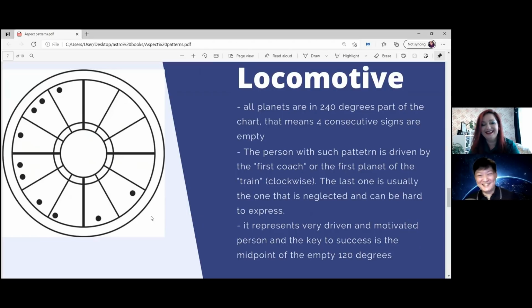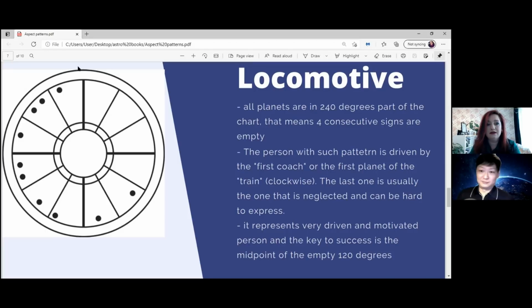We have all the planets in a 240-degree spread, and usually there are four empty signs. So this is how we can recognize this locomotive chart.